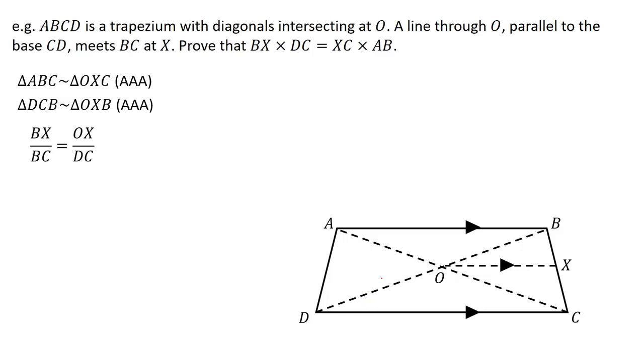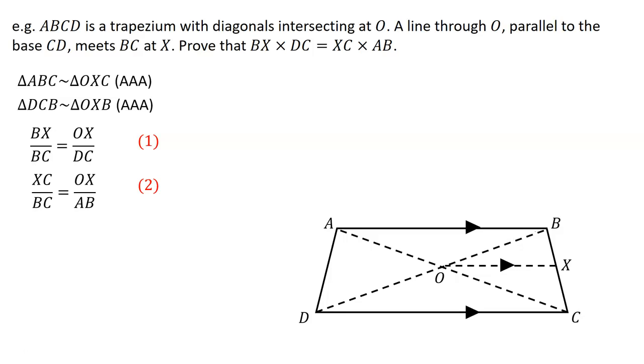Okay, so I can say that BX over BC equals OX over DC. That's using this pair of similar triangles. I can also say that XC over BC equals OX over AB. I'm going to label those 2 equations.